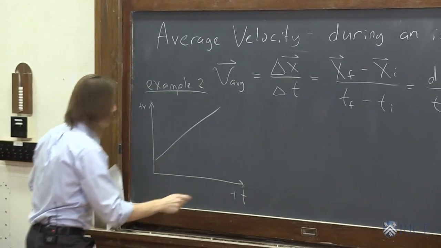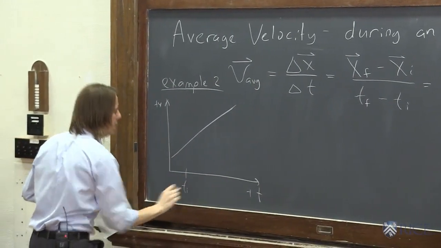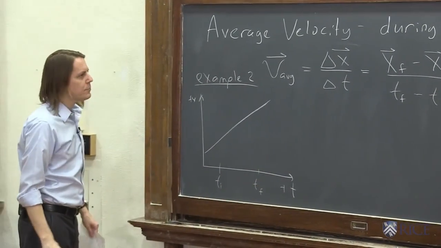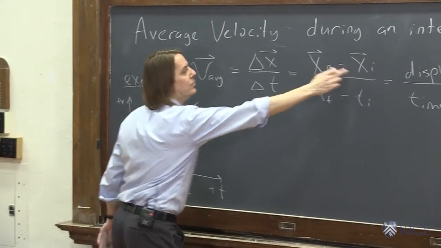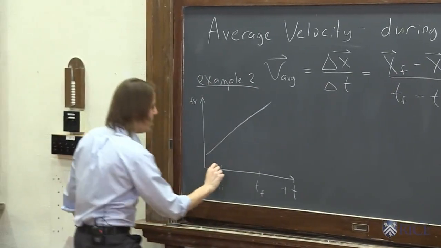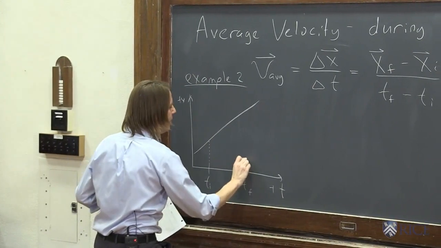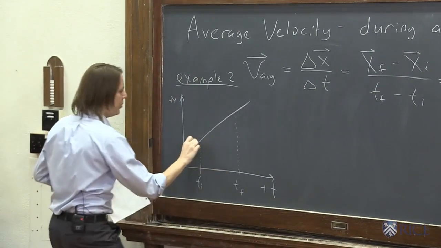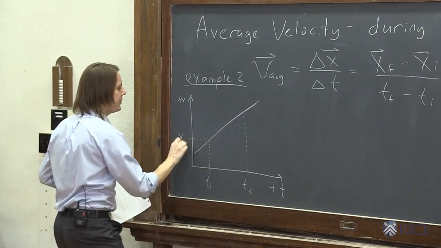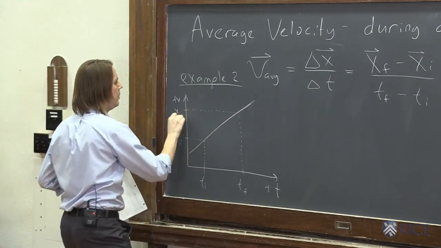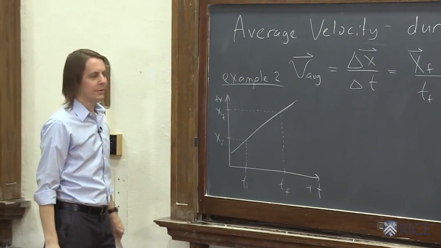So we don't really even care about the origin at this point. Let's just pick ti and let's just pick tf. And it cares about the values of the position when those happen. So what you can do is you can just draw a little thing up here like this and a little thing up here like this and say, where was it at ti? It was at xi. And where was it at tf? It was at xf. Okay.